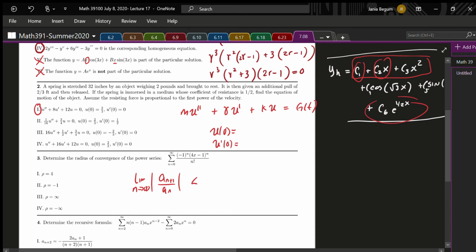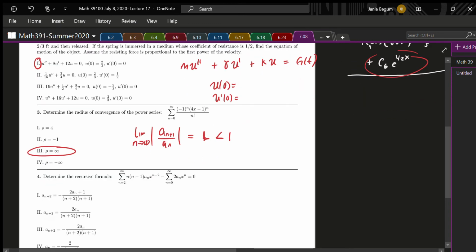Well, you'll get some value L, right? And we want that to be less than 1 in absolute value. So that way we have convergence. And once you do that, what do you guys get after you're taking the limit? Yeah, right. So it converges everywhere on the real line.